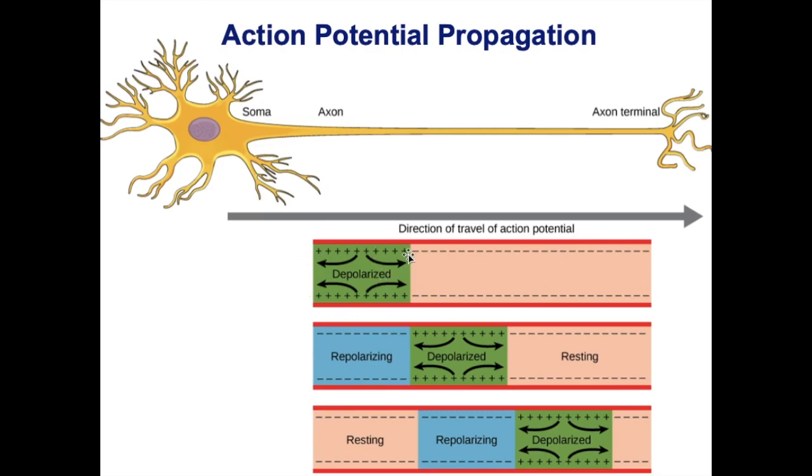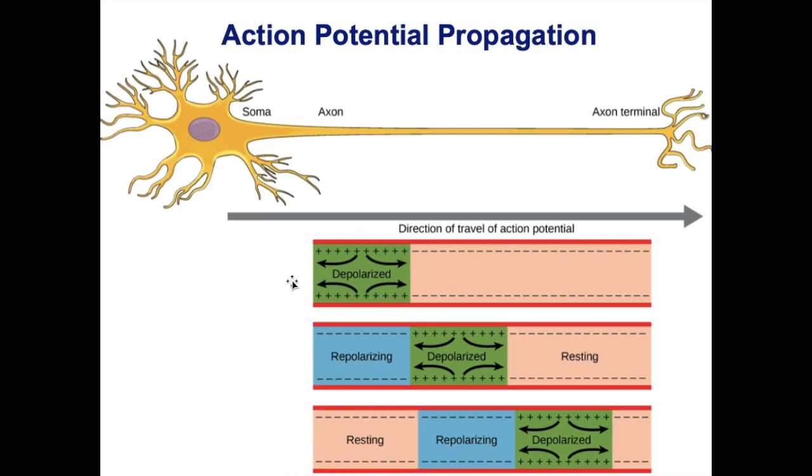So you have a depolarizing event here, diffusion of sodium ions to neighboring regions, and then another depolarizing event. And it happens in rapid succession right down the axon so that something that starts here can travel all the way down to the end and cause changes at these synaptic terminals to give a message to muscle or to other neurons that need to receive that information.